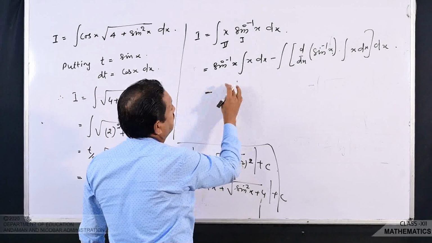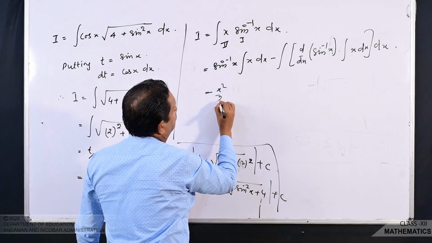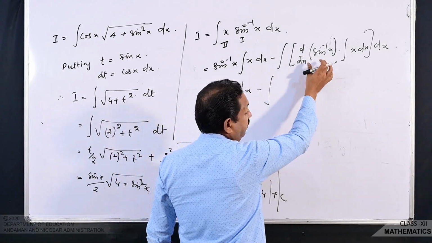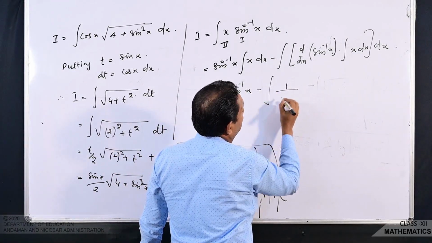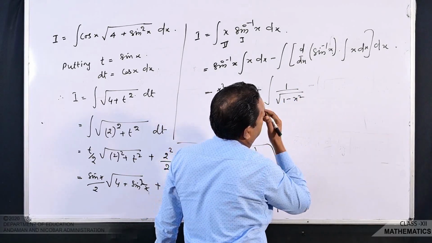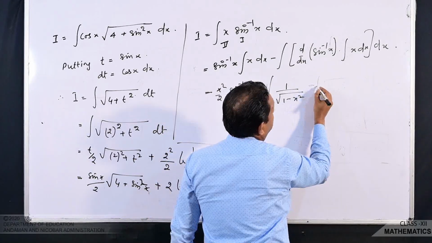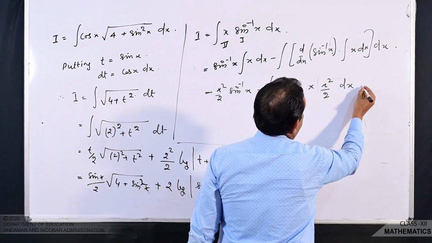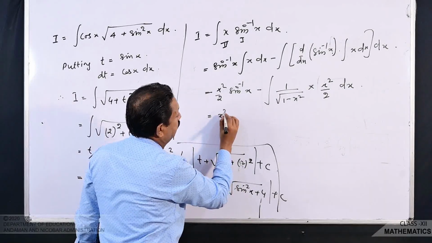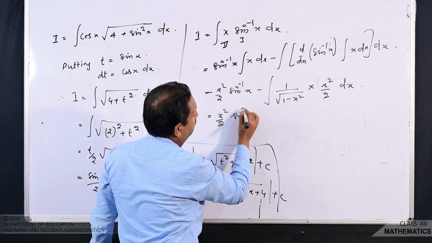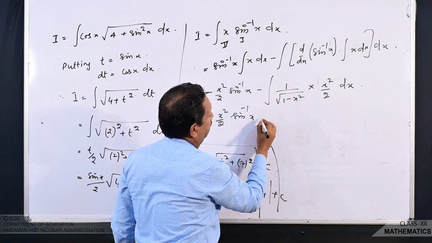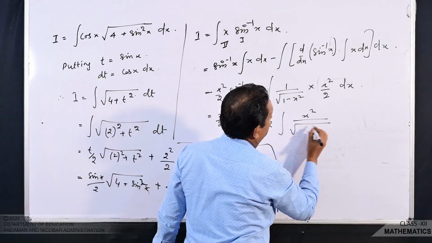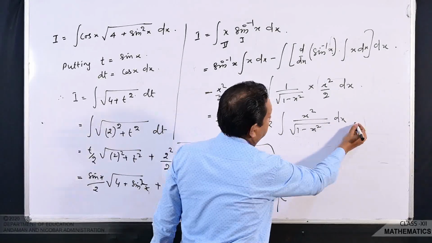So this is x square by 2 sin inverse of x minus the integration of the derivative of this, which is 1 upon root under 1 minus x square, and here you put x square by 2 dx. Now this is equal to x square by 2 sin inverse of x, and this 1 by 2 you can take out of the integration sign, and we have x square by under root of 1 minus x square dx.